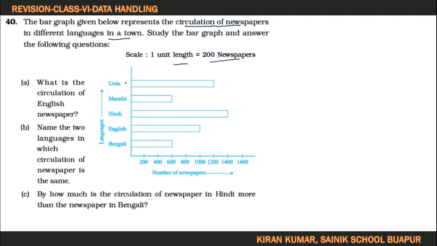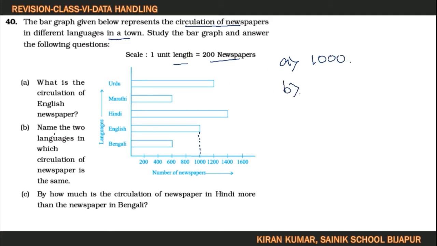There are different newspapers here: Urdu, Marathi, Hindi, English, Bengali, and the number of newspapers are being mentioned on the horizontal axis. What is the circulation of English newspaper? So from here, if I draw the line, corresponding line will give the number of newspapers as 1000. So for the first one, the answer is 1000.